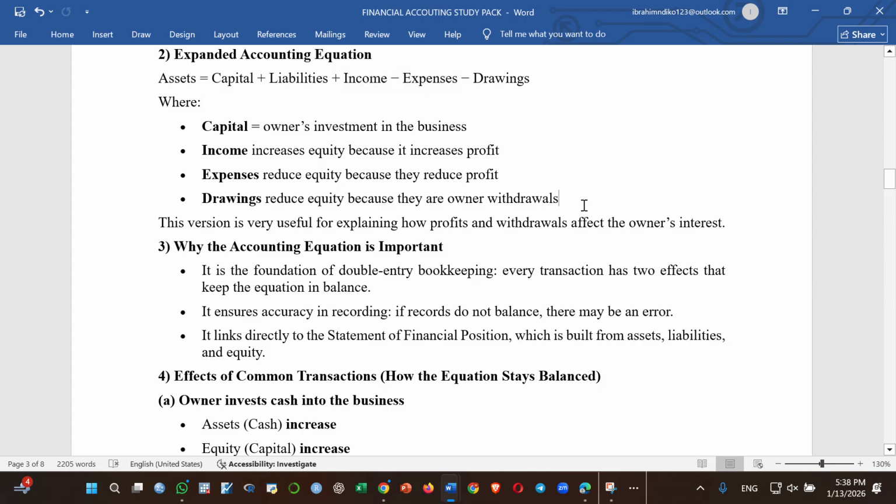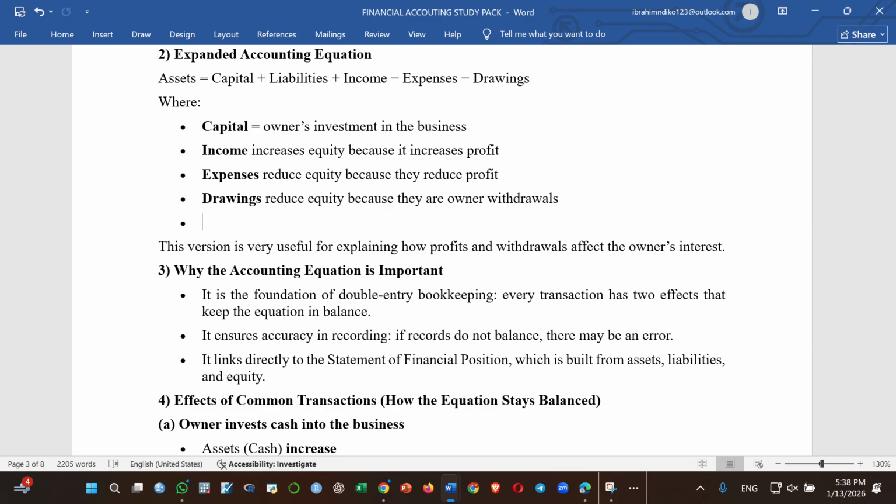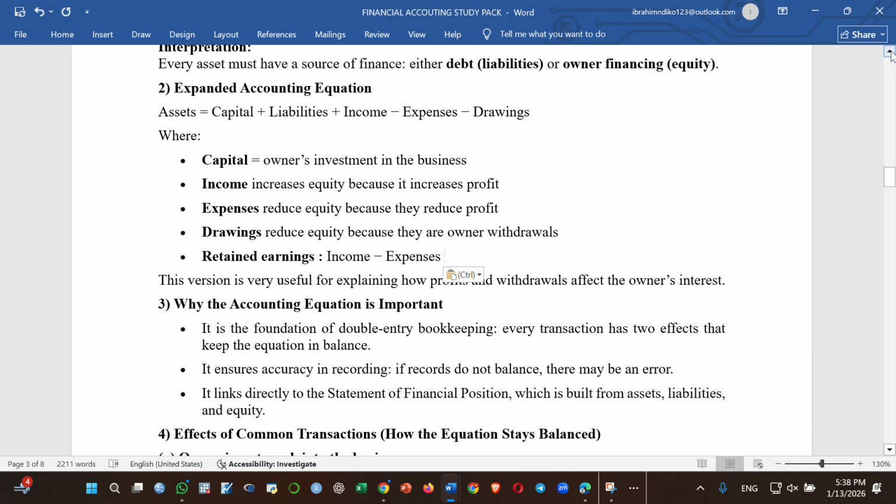Let me just put it on the other side. We can talk about retained earnings. Just a moment. Retained earnings means income minus expense. Now, this is the expanded equation.